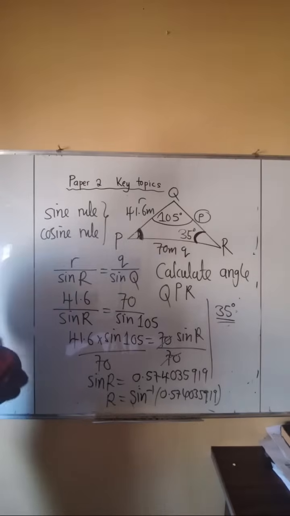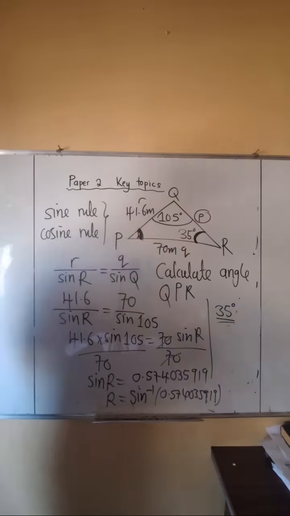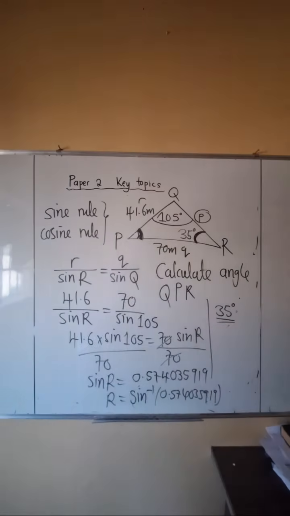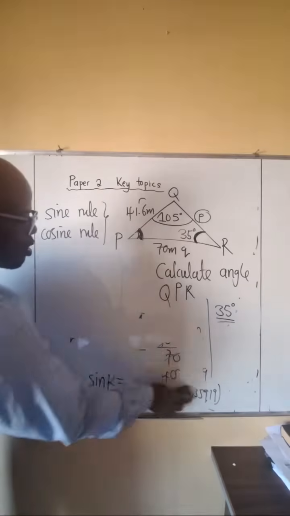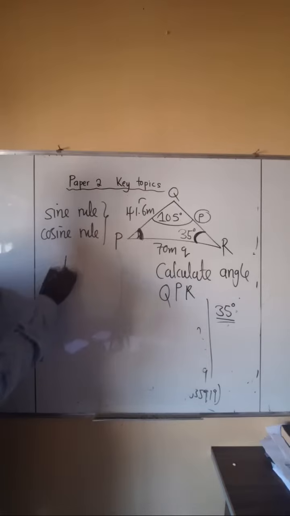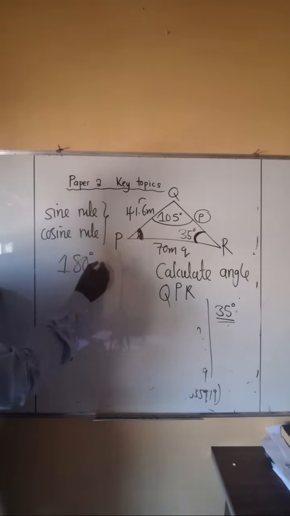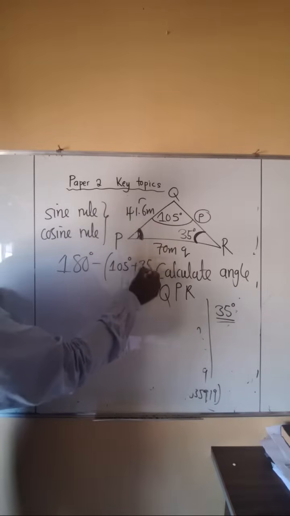But in the question, we are looking for this angle. Since we found now the angle which is here, we can use the property of a triangle. And this property of a triangle will work like this. We're going to say 180 degrees minus the sum of these two angles, 105 plus 35 degrees.